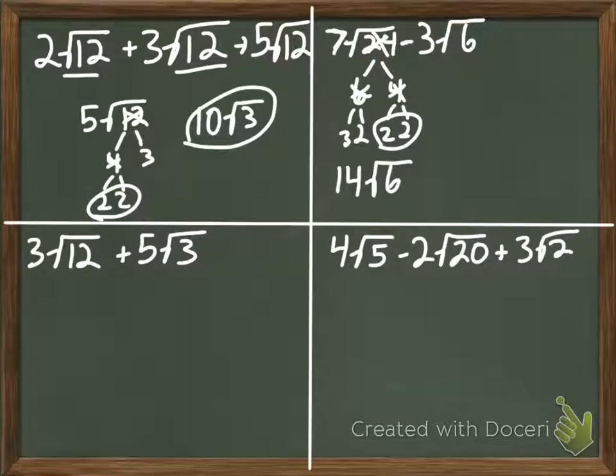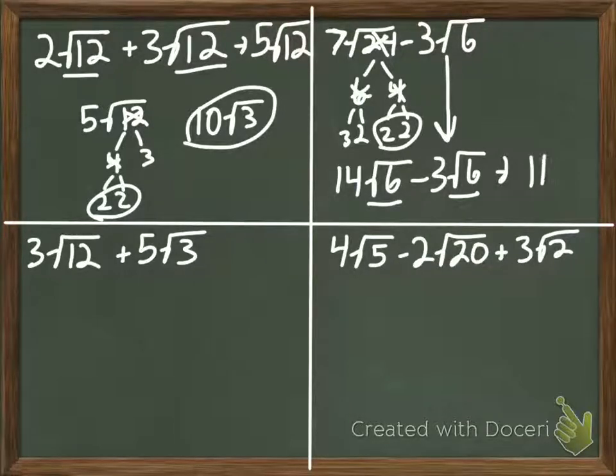And then our minus 3 square root 6 follows. Now we have square root 6, square root 6. Hey, we can add the numbers in front now. So 14 minus 3 is 11 square root 6. Okay, so there's two examples.